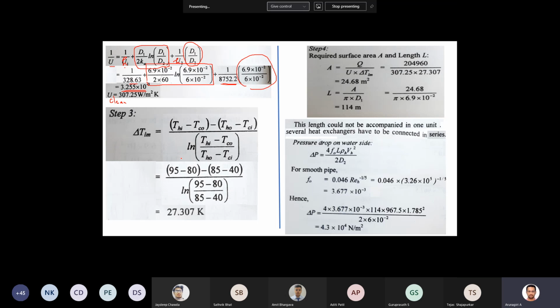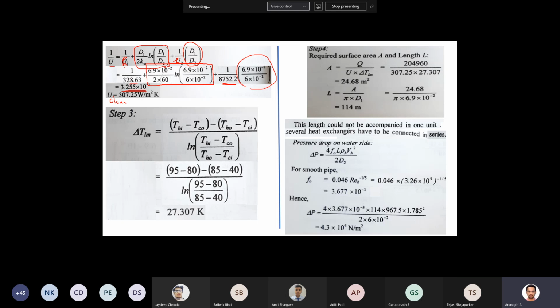so what will be the value? First you have to calculate 6.9 divided by 6, that is 1.15. Take ln, so that is 0.139. This has to be multiplied into 6.9, divided by 2 divided by 60 divided by 100.